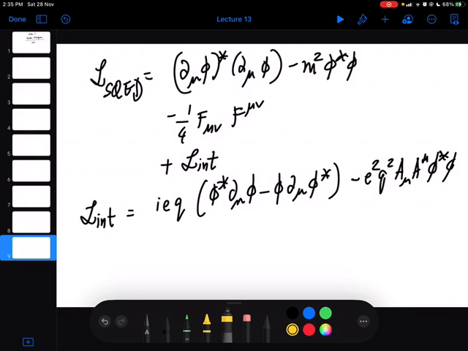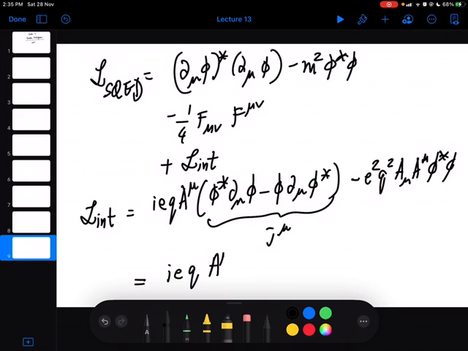Now what is this? There is an A mu here somewhere. IEQ A mu. Now this is nothing but your J mu. So this is nothing but IEQ A mu J mu minus E square Q square A mu A mu phi star phi.